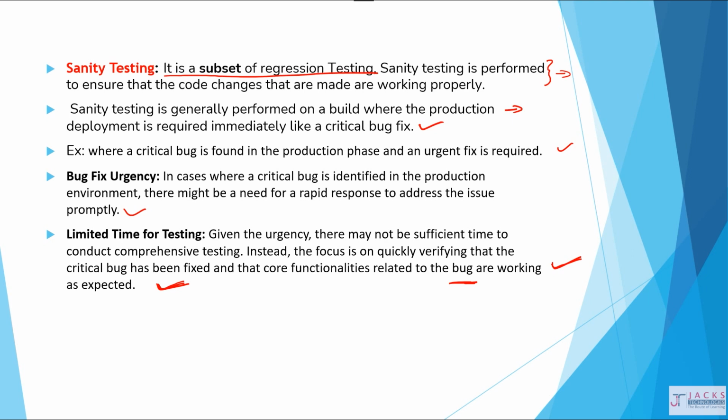Now the critical issue has to be fixed, and related to that particular critical issue, we need to check whether all the core functionalities are working properly or not. That is called sanity testing. So sanity testing is the last phase of testing. And smoke testing we do before we give that particular software to the system testing team to accept that particular software. Okay, this is the actual difference between smoke testing and sanity testing.